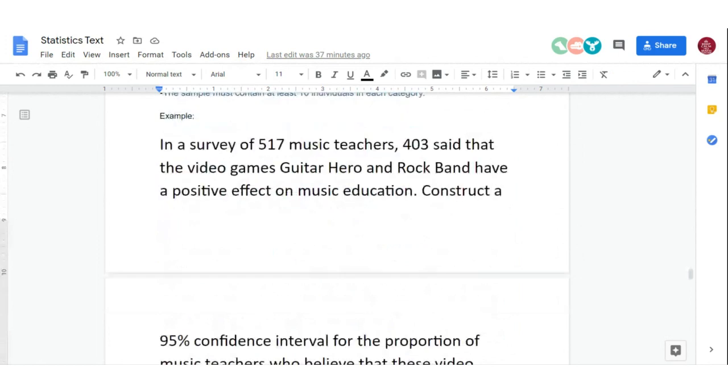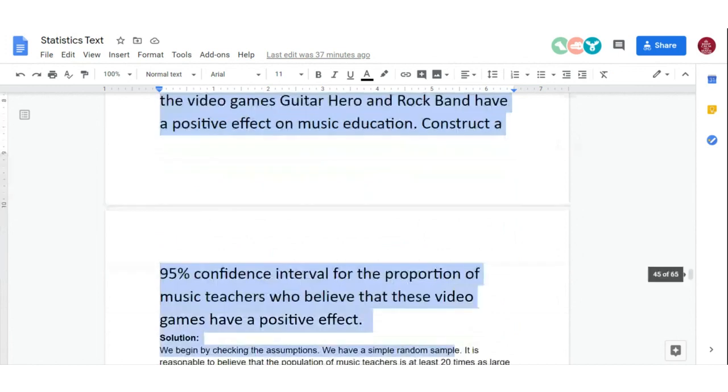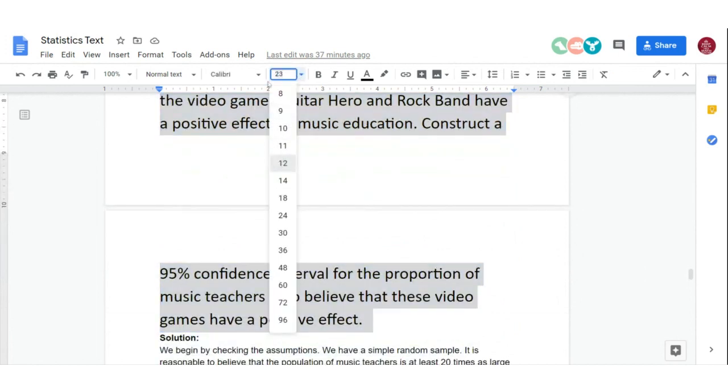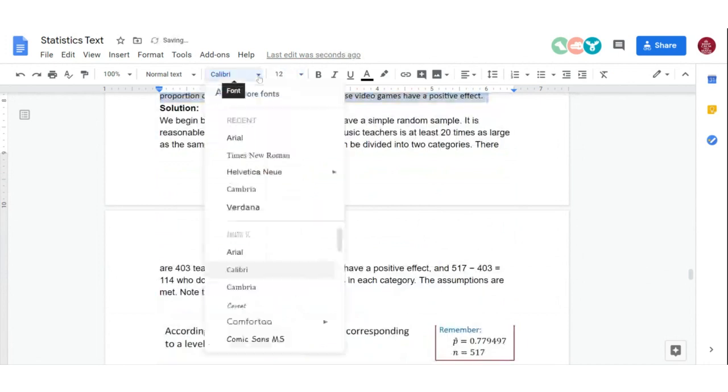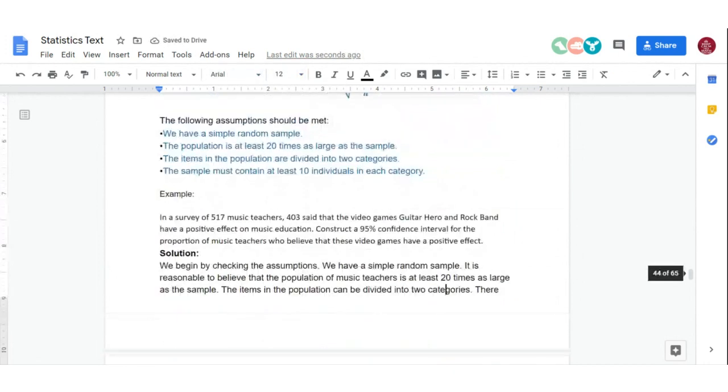All right, so in a survey of 517 music teachers, 403 said the video games Guitar Hero and Rock Band have a positive effect on music education.